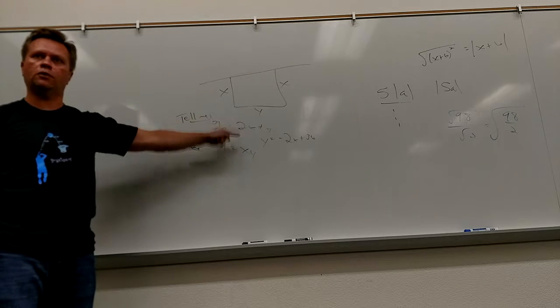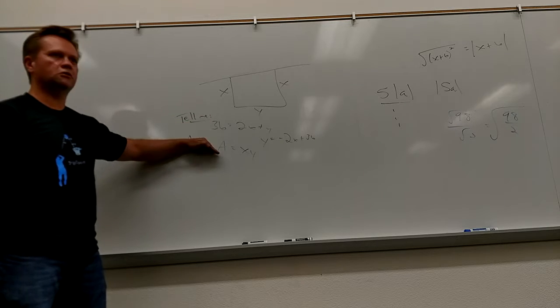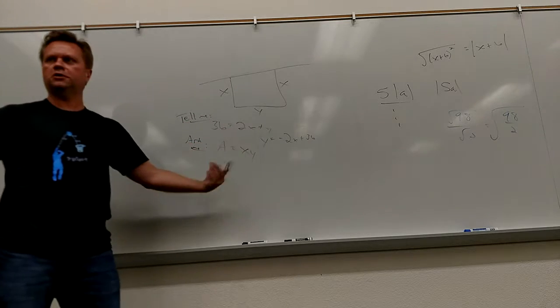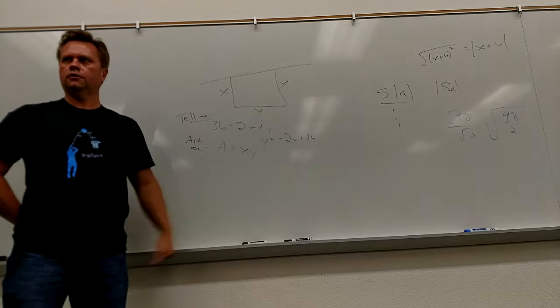It's like a system of equations. That's substitution, isn't it? Why is it a system? Because there are two equations with two unknowns. So really all I'm doing is the substitution method, right?